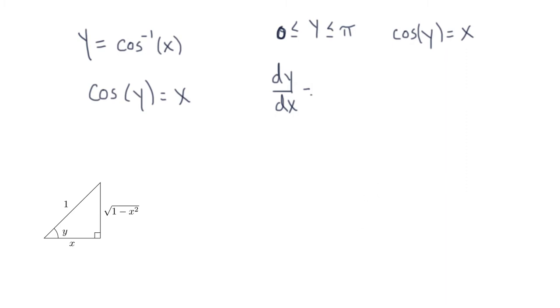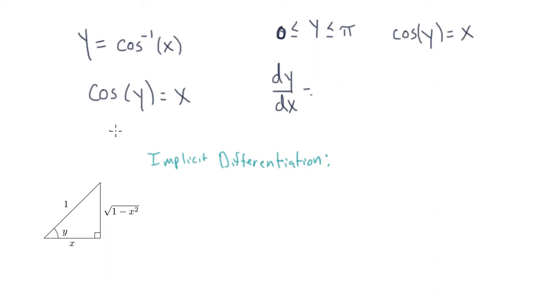So let's use implicit differentiation. That's the name of the game for finding derivatives that maybe we don't know how to do from the definition. There's really no way we could find the derivative of inverse cosine just using the definition. We have to use implicit differentiation.